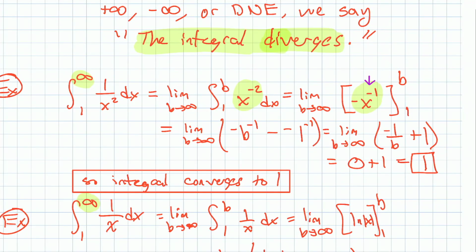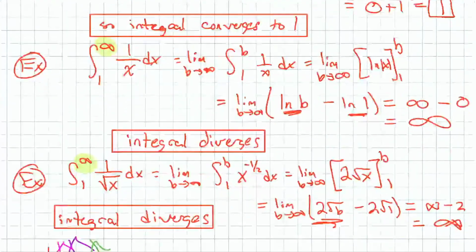After the antiderivative, the exponent was still negative, right? And because it was still negative, that meant when you plug in your infinity, you were putting infinity in the denominator, right? So because the exponent was negative, you were plugging infinity into the denominator.